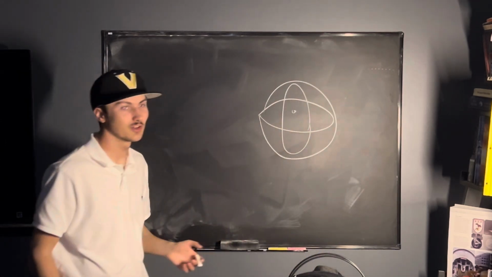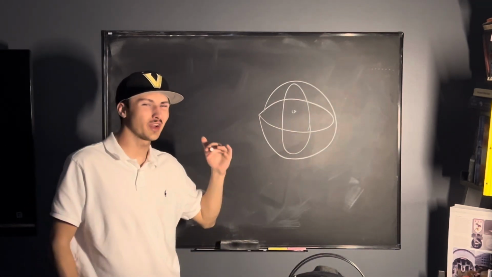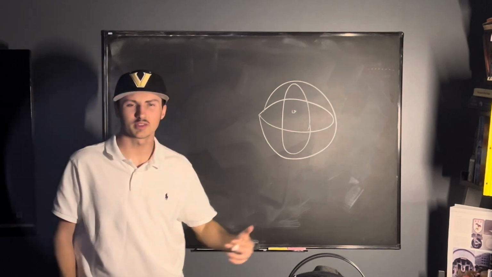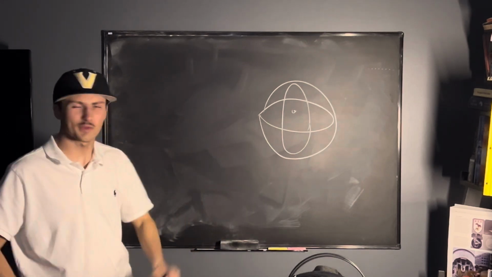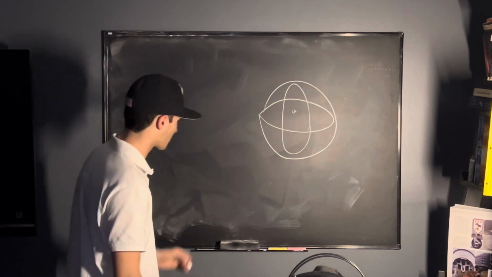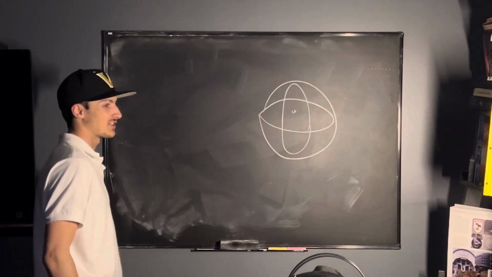There, we have our sphere. And I'm sorry I'm not so great at presenting right now. It's been a while since I made a video, so I'm still kind of getting that little groove. So yeah. Here's our sphere.